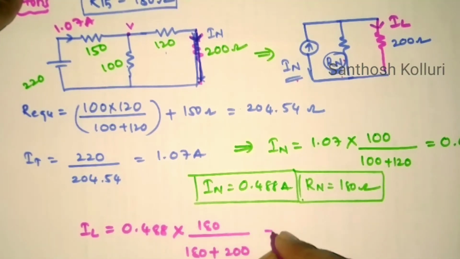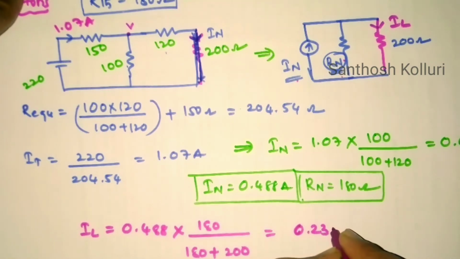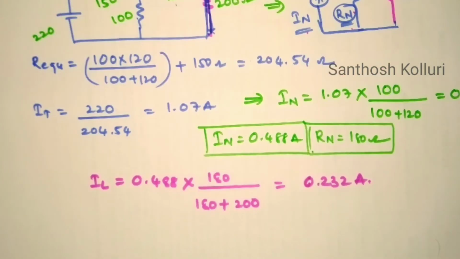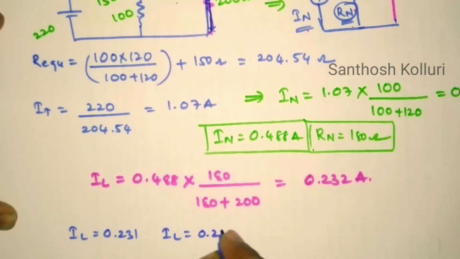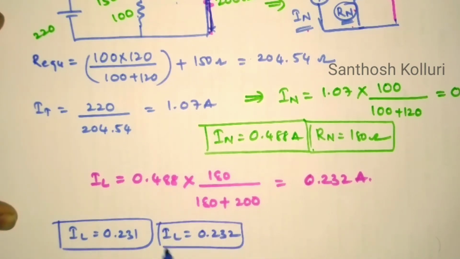So this will be 0.232 amperes. For the same circuit, I got the load current in Thevenin's theorem as 0.231, and in Norton's theorem I got the load current as 0.232. So in both cases the value of load current is the same.